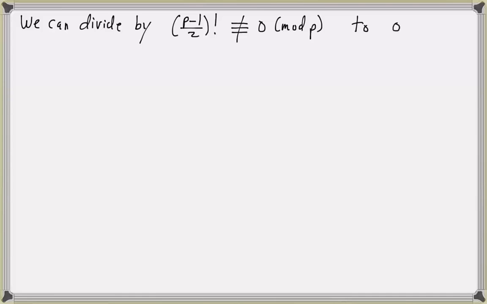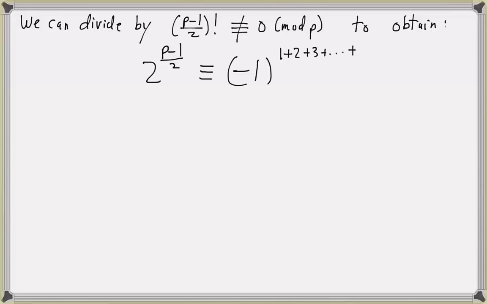So now we have on the left hand side 2 to the power (p minus 1)/2, and on the right hand side this is congruent to negative 1 to the power 1 plus 2 plus 3 up to (p minus 1)/2.